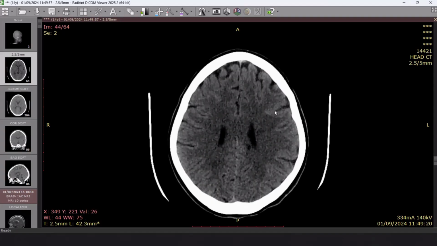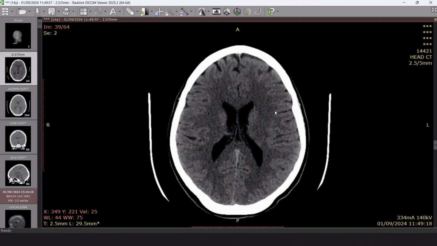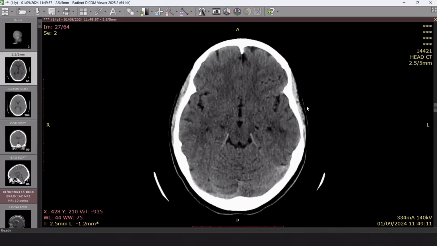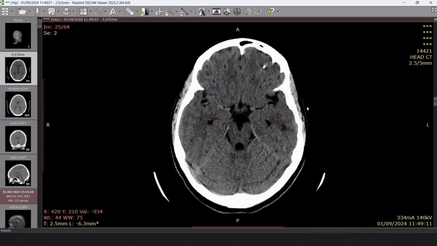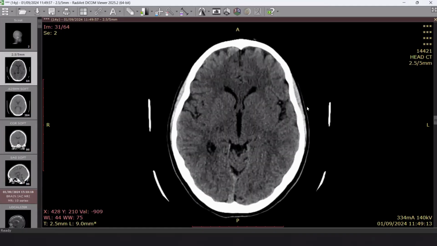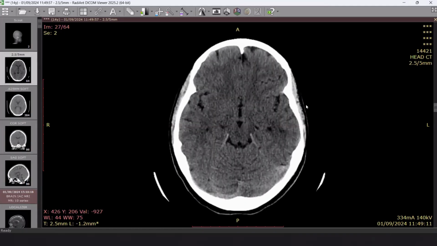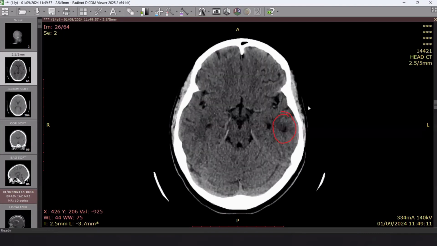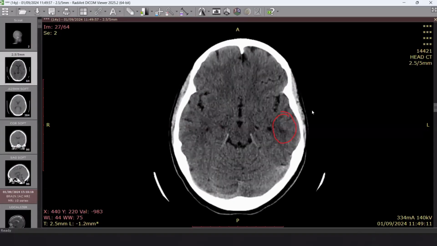Sir, I feel there is some crowding of the gyri. I'm suspecting some polymicrogyria. Yes, you are right. The left temporal region shows a subcortical hypodensity area as well.